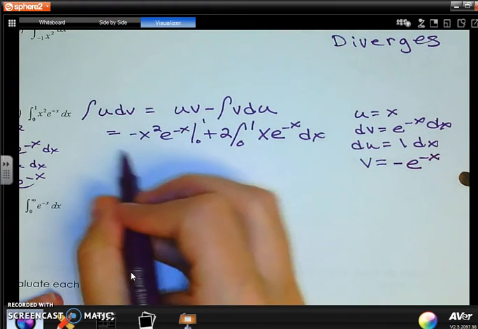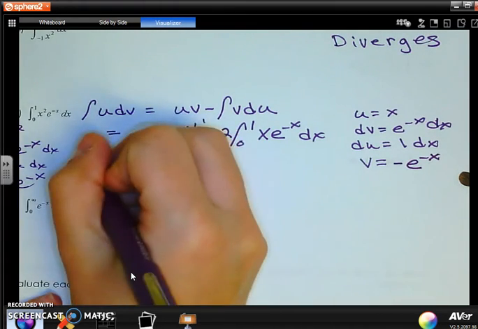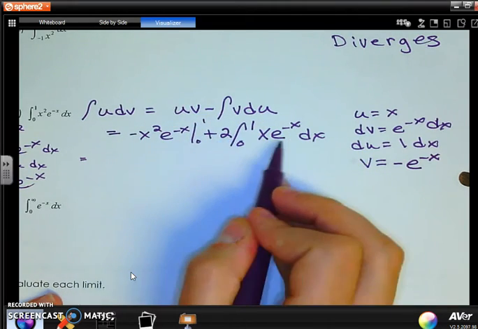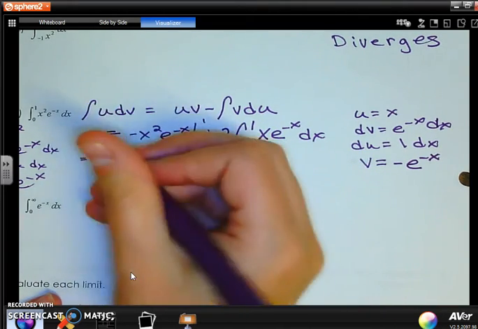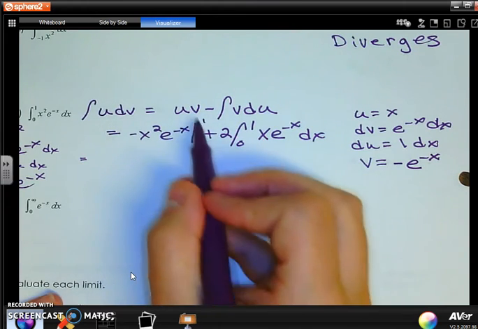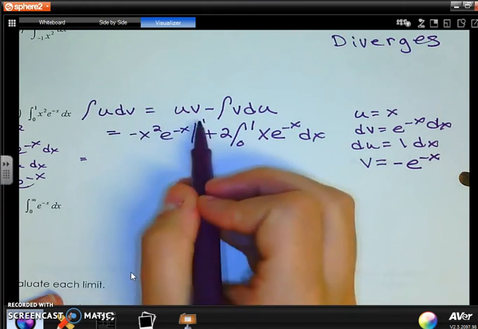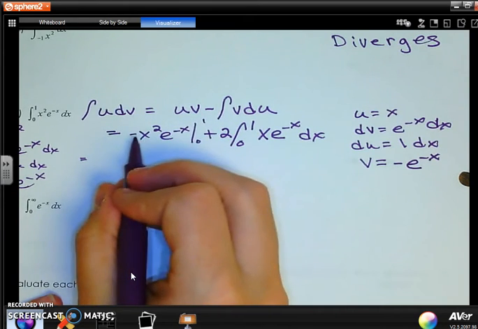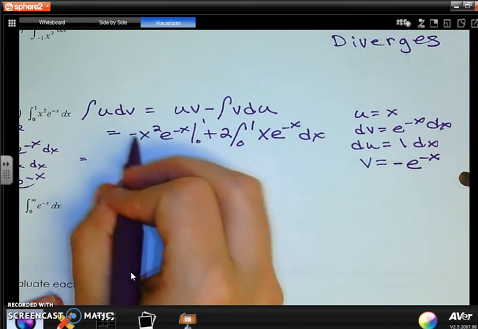And now I can set up, I'm going to kind of drop it right in there. So this equals, I'm going to recopy everything to there, right? And then I have to start another one. So, I could plug in this part to kind of clean it up. If you plug in a 1 there, you're going to get 1 squared is 1, but it'll be negative.